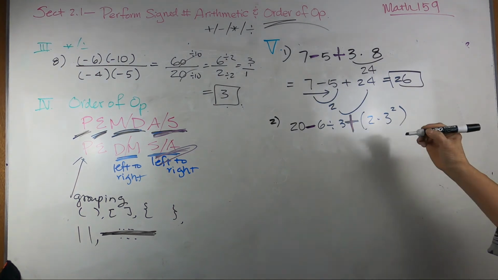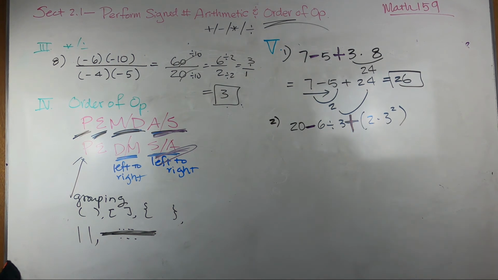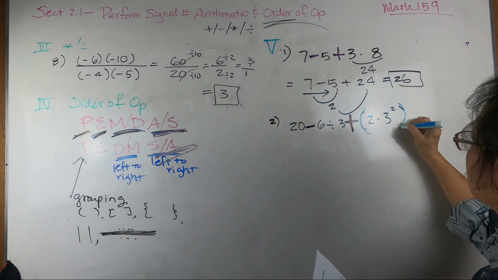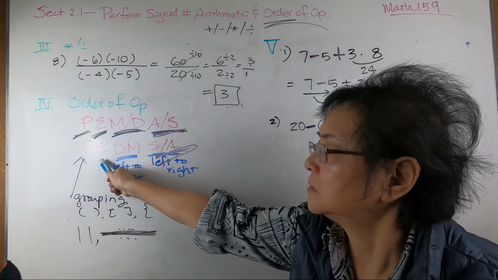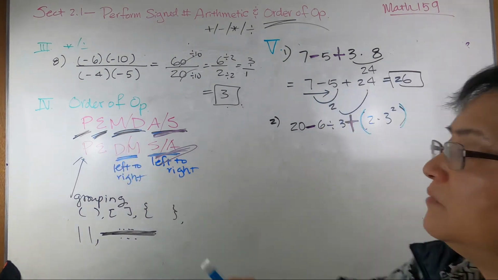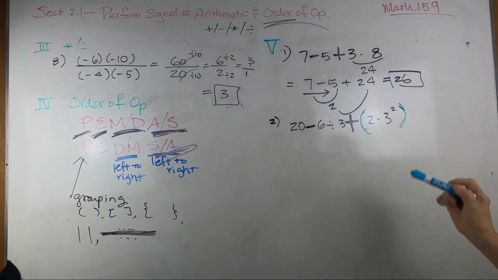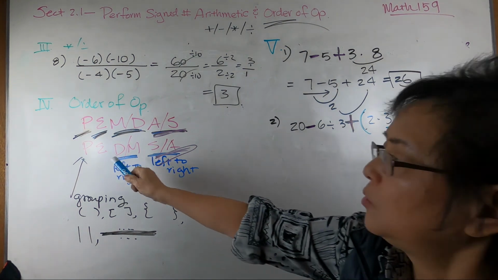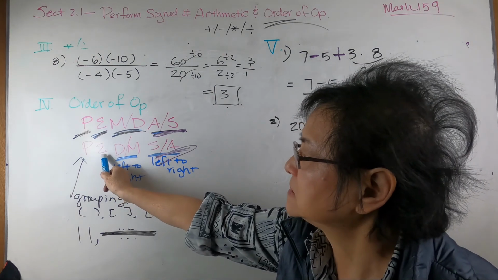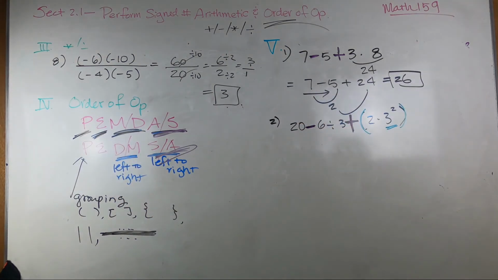Then within this group, you have multiplication and power. You have to do power before multiplication. You don't do 2 times 3 first. No, don't do that. Okay? You need to do the power, the exponent, first, before multiplication and division.